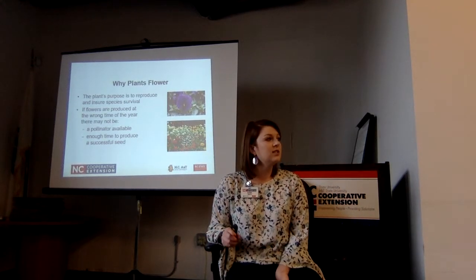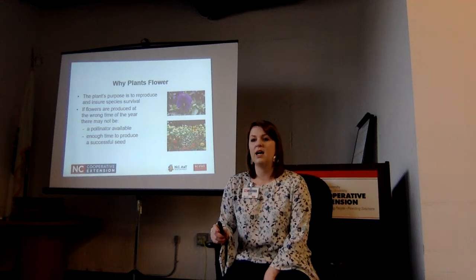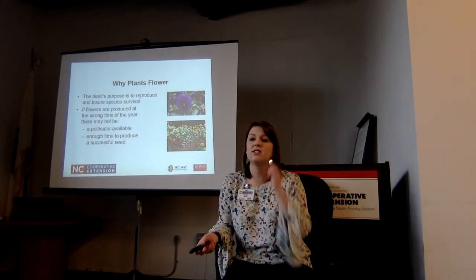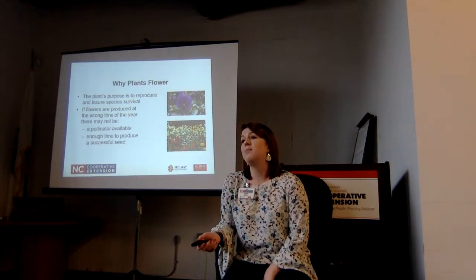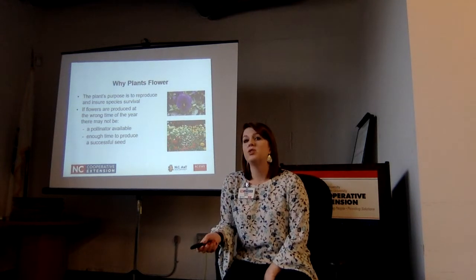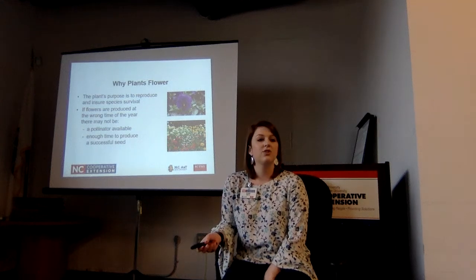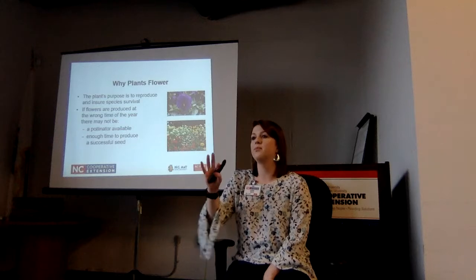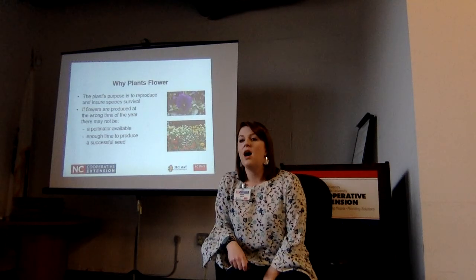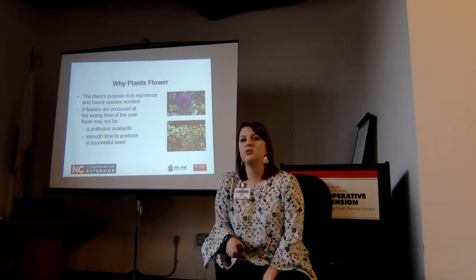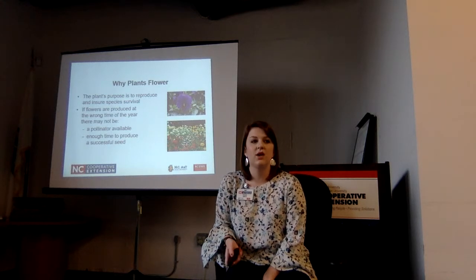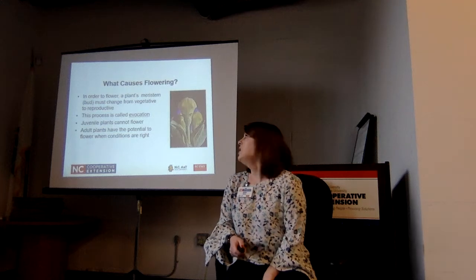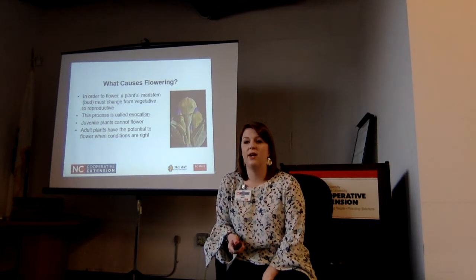So it's important to have plants that produce flowers at the right time of the year, because if they're at the wrong time of the year, there may not be a pollinator available to pollinate the other flowers, to make sure that pollination occurs and the plant continues to survive. And there also may not be enough time to set a successful seed, which is needed for the flower to reproduce as well.